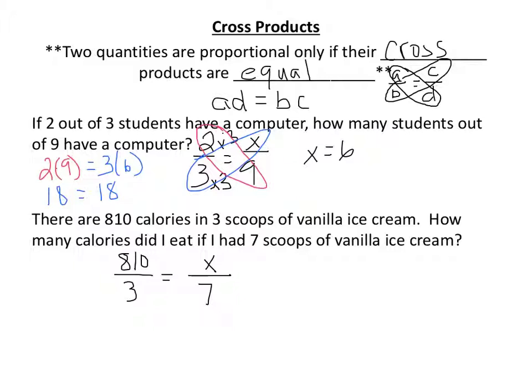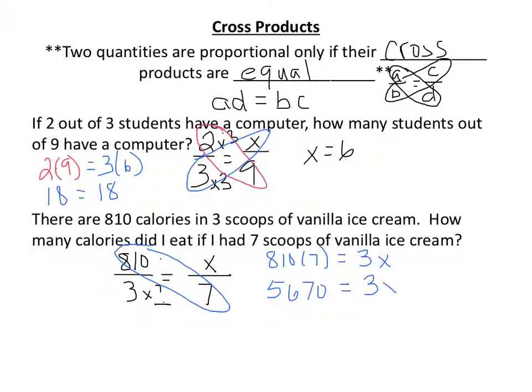Now if you notice, this one's not quite as nice because nothing times 3 that I know of equals 7 directly. So I can actually use the cross products. So I know that 810 times 7 has to be the same thing as 3 times x. So if I do 810 times 7, I get 5,670 calories.